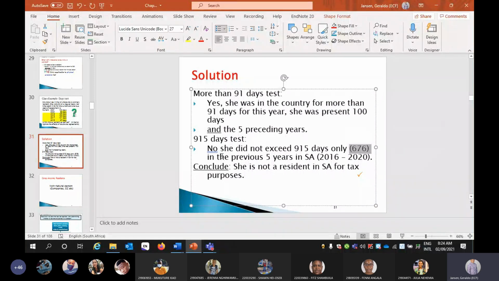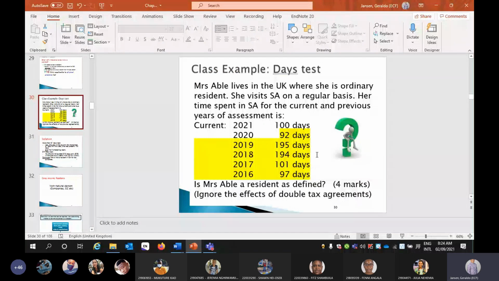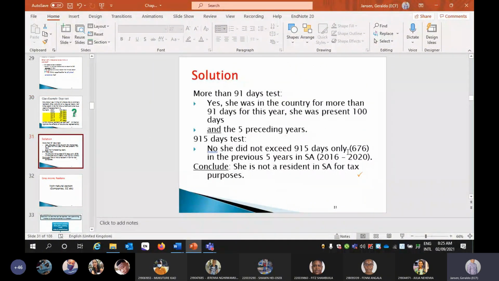Guys, it's basically you adding 92, 195, 194, 101, 97. If you add all of that, you get 676, and that is obviously not more than 915, and therefore we have to conclude that she is not a resident in South Africa for tax purposes.